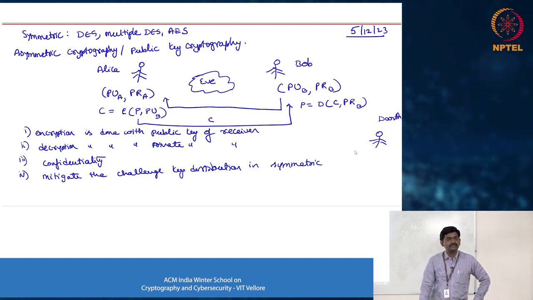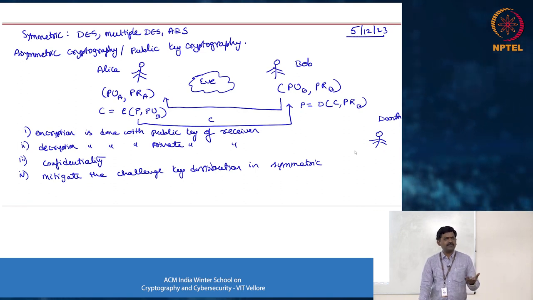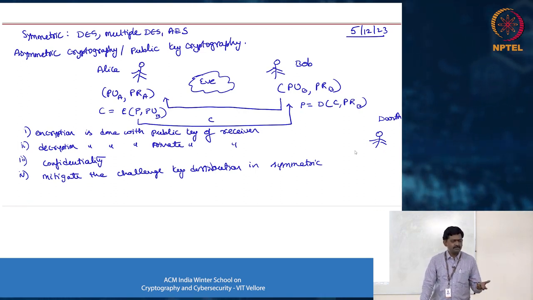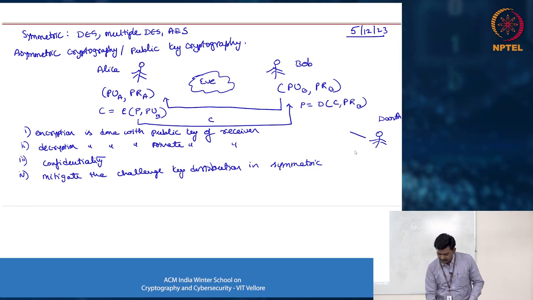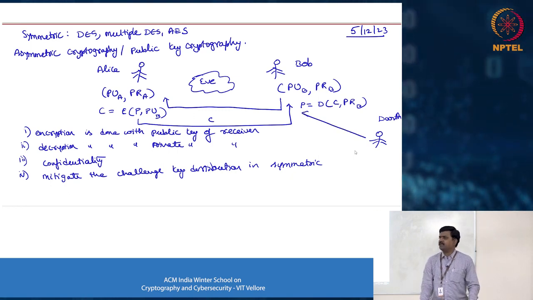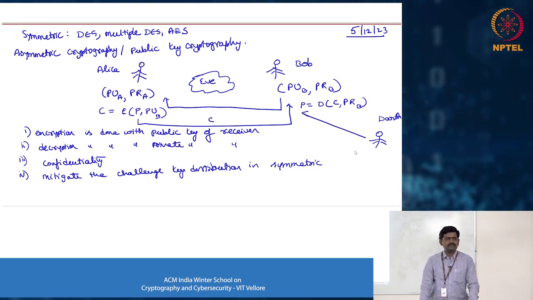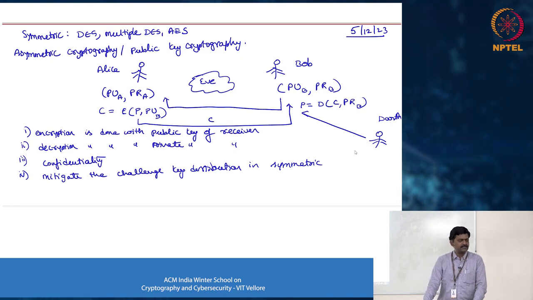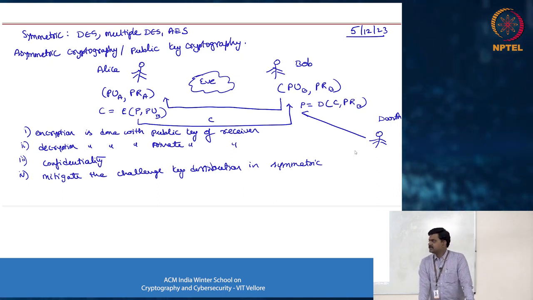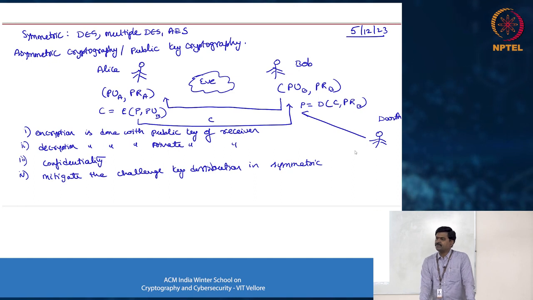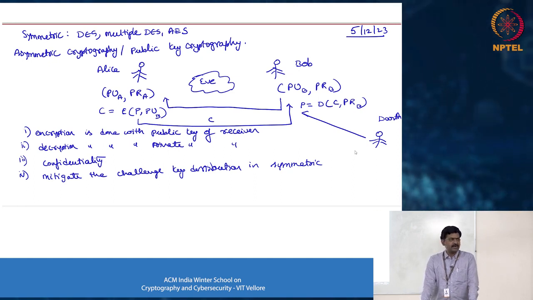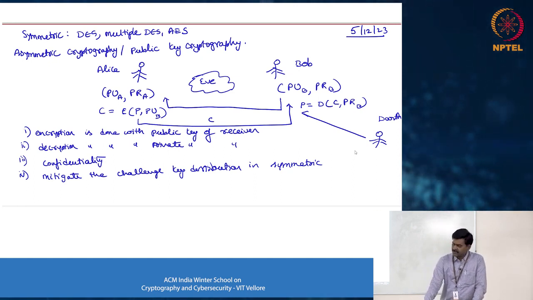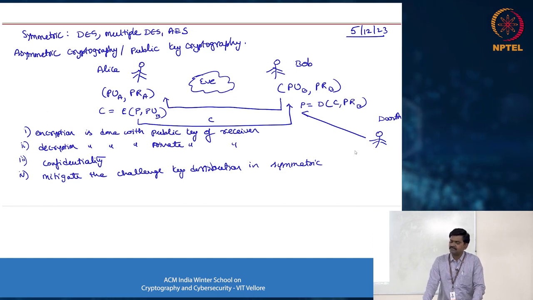Darth will use Bob's public key, and once Bob receives it, Bob will decrypt with the private key of Bob. So the key management is very easy, number one. The key distribution problem of the symmetric case, we could minimize or overcome.